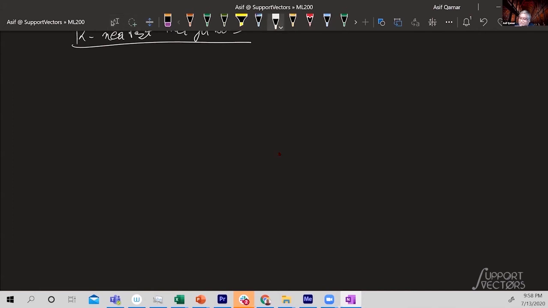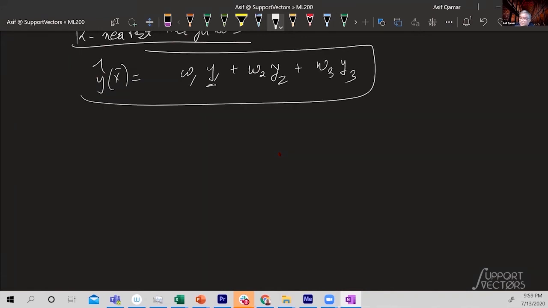Suppose you have 3 neighbors with values Y1, Y2, Y3, and you're trying to predict Y hat based on the average of these 3 points. Suppose you're trying to find the weight of a duck based on its size.